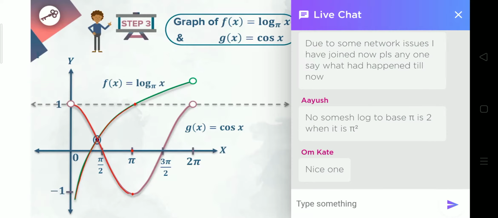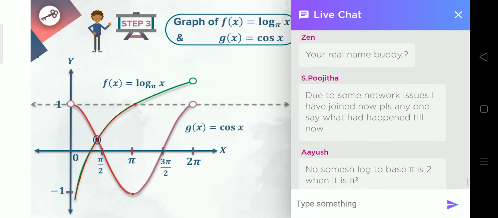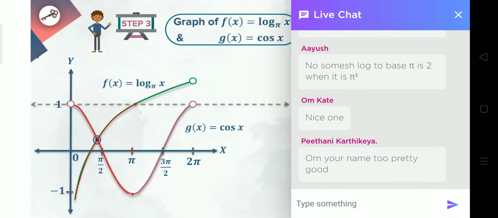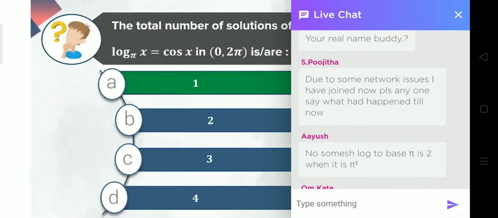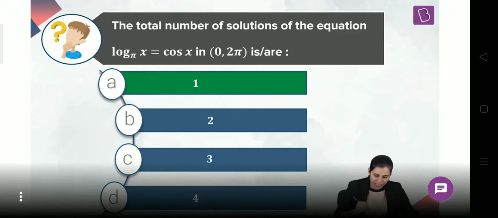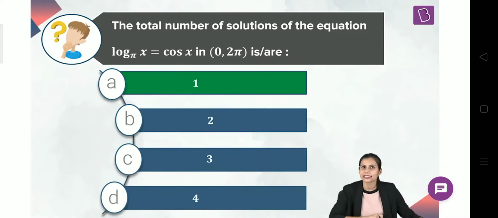That means in the open interval (0, 2pi), there is exactly one and only one value of x which is able to satisfy my equation log x to the base pi equal to cos x, and hence this given equation has only one real solution in the open interval (0, 2pi), which makes you mark A as the correct option.